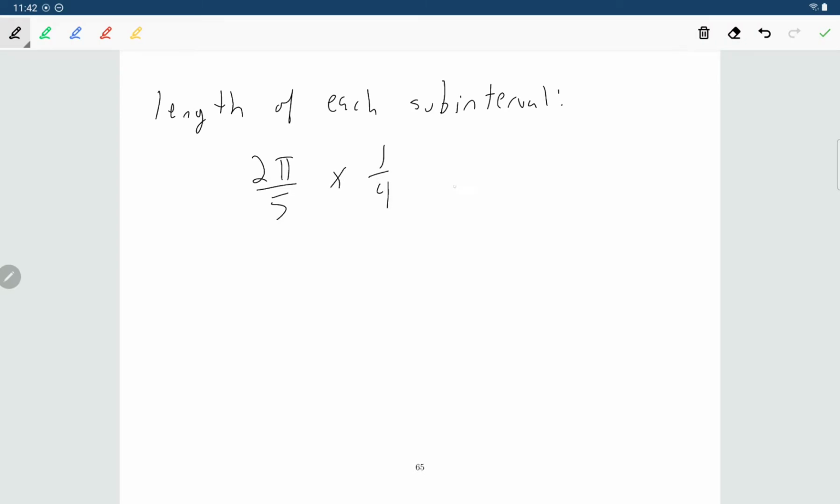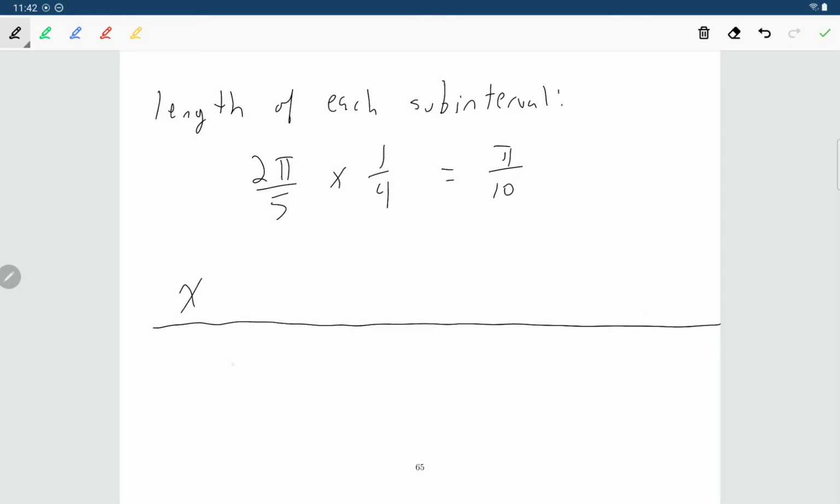If you have that length of 2 pi over 5 and you want to cut it into 4 equal-sized pieces, then the length of each subinterval should be that full length of 2 pi over 5 divided by 4, or the same thing as multiplied by a quarter. And that simplifies to give me pi over 10.